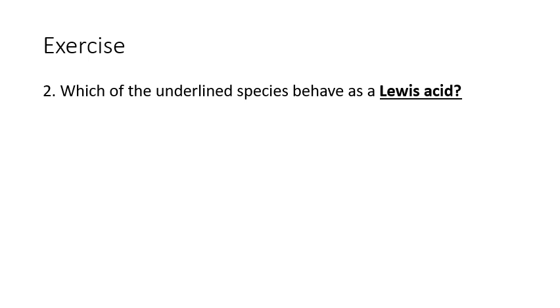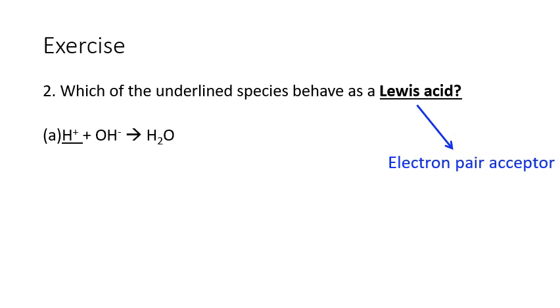As usual, after the example, we are going to do some exercise. Which of the underlined species behave as a Lewis acid? According to the definition, a Lewis acid is an electron pair acceptor. The first one, H+, as we know, has no electrons.